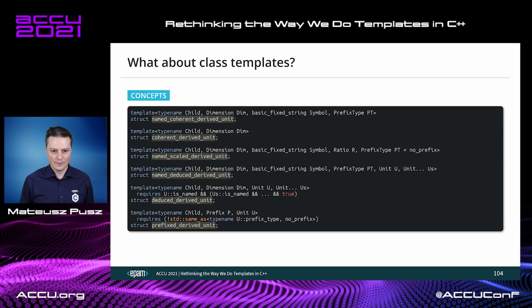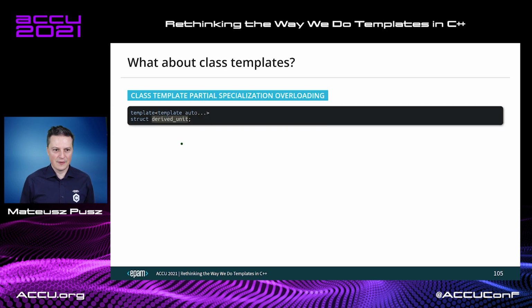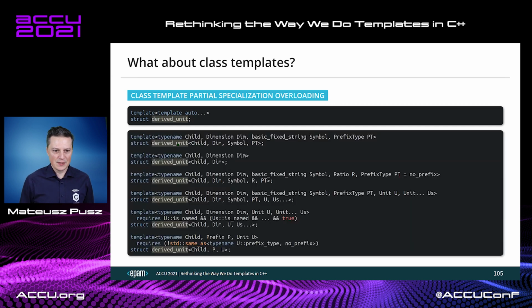So now I could specify that derived unit is just a class template that has any set of arguments, and then provide specializations for every type of creation of those. And notice that I have types and I have some values here. That's why it's not possible in today's state, because I cannot specify this as a class template that takes any kind of parameters.